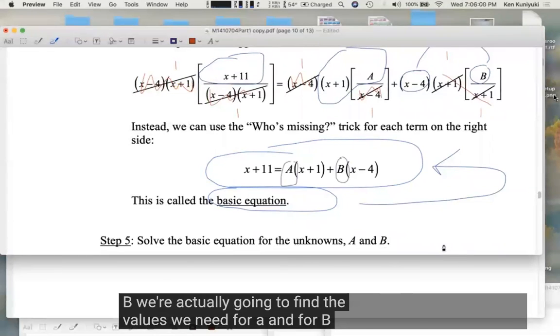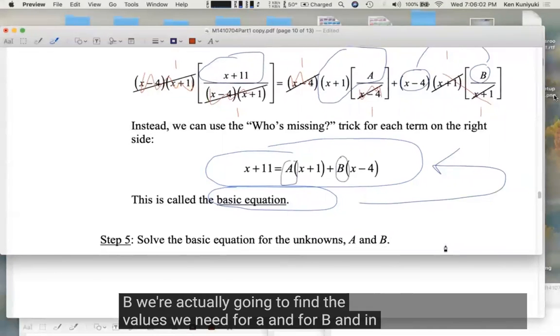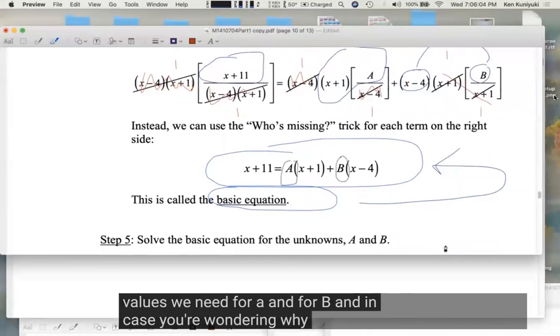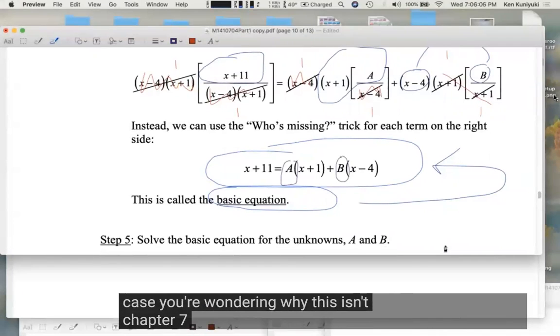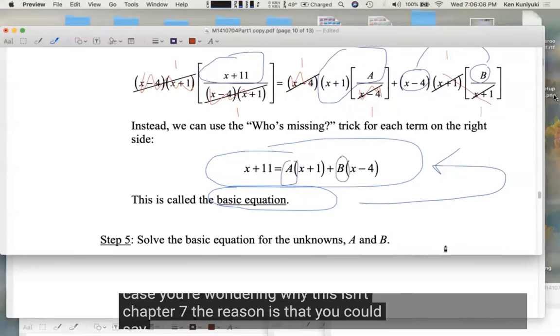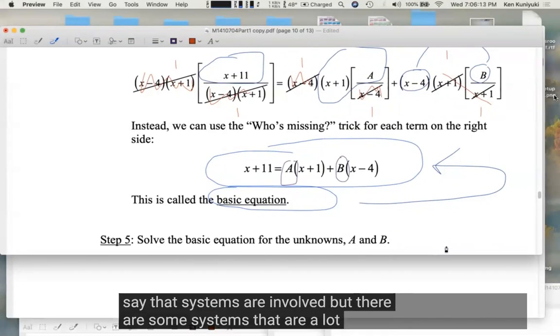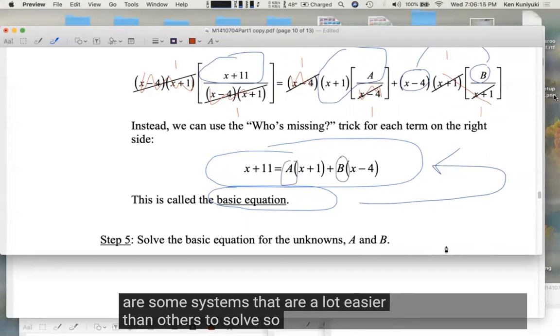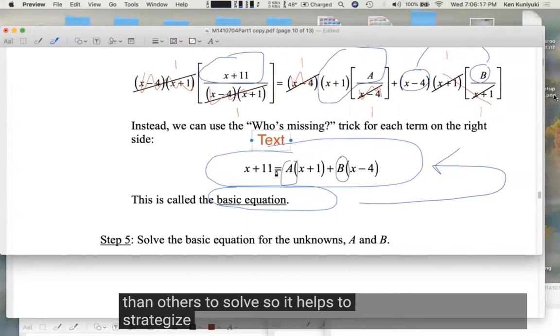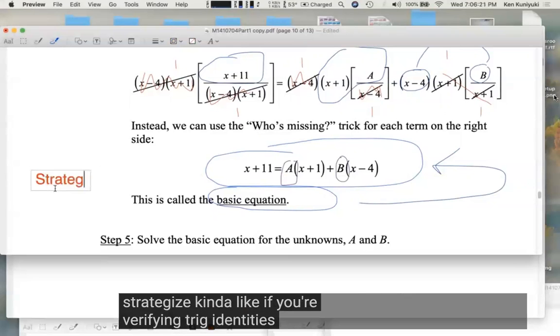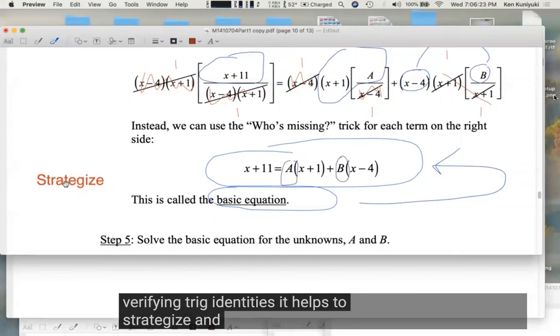And in case you're wondering why this is in chapter 7, the reason is that you could say that systems are involved, but there are some systems that are a lot easier than others to solve. So it helps to strategize. Kind of like if you're verifying trig identities, it helps to strategize.